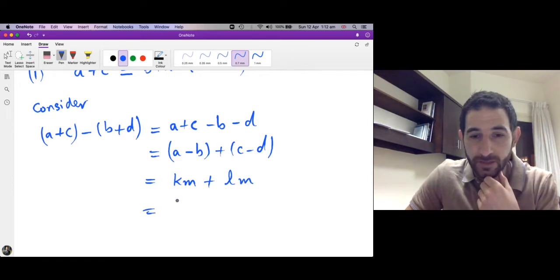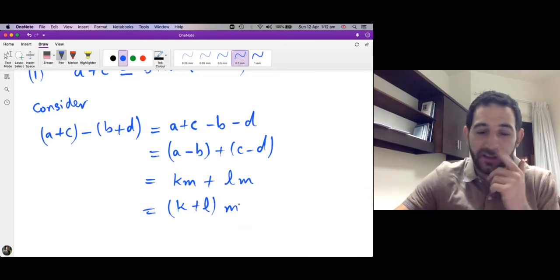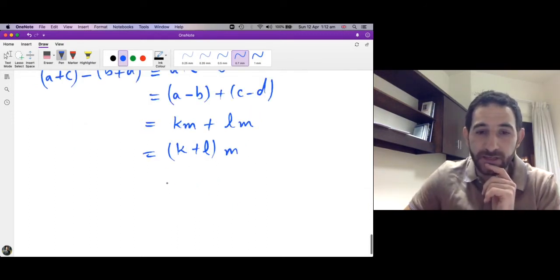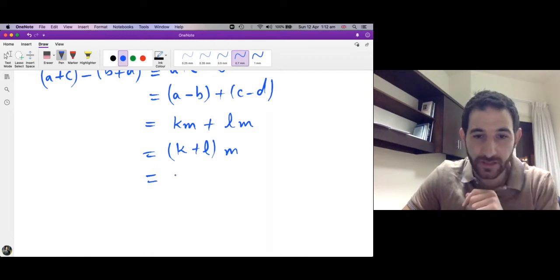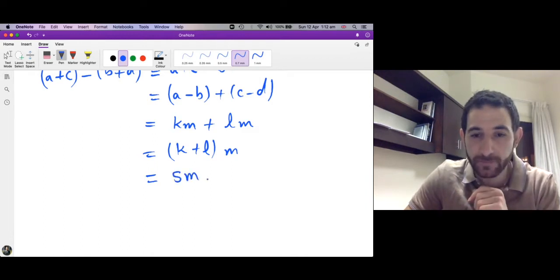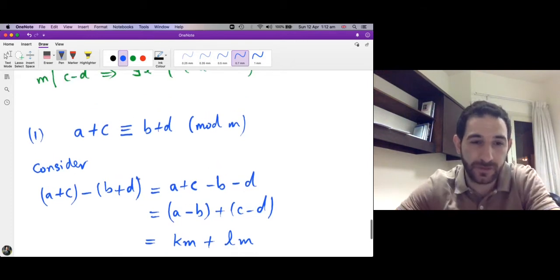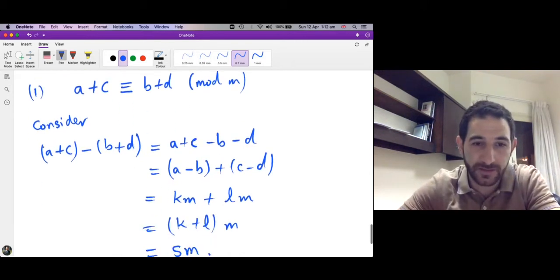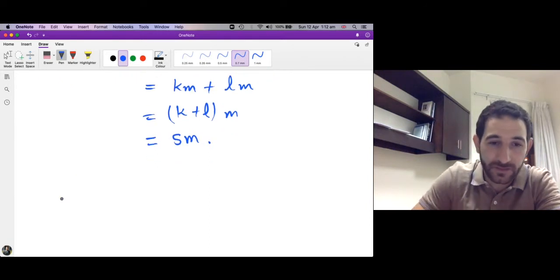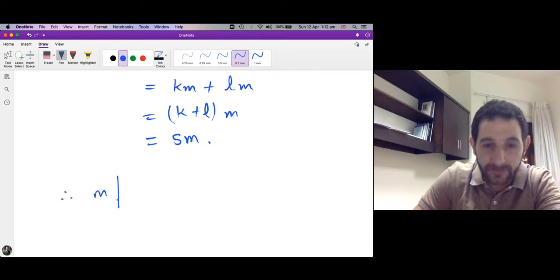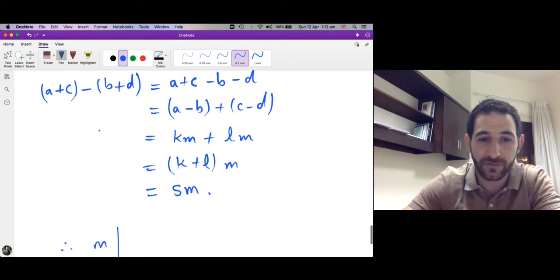Now we can take m as a common factor, and then k plus l is an integer because both k and l are integers, so this is equal to, say, s times m. Look, what did we do here? What did we show here? That the difference is equal to an integer times m. This means that m divides the difference of the sums.